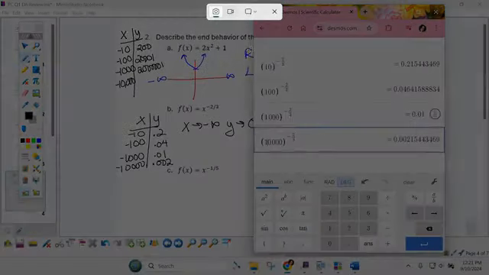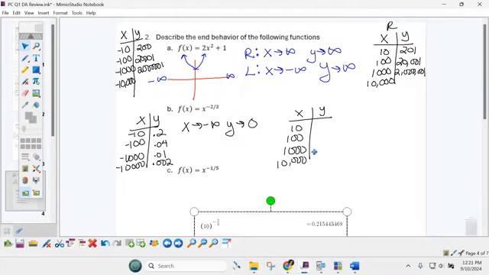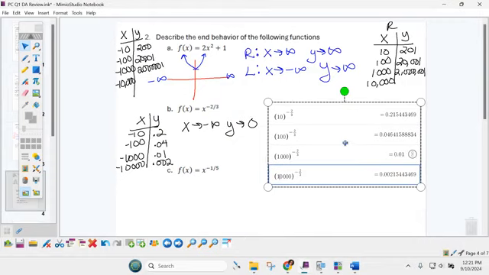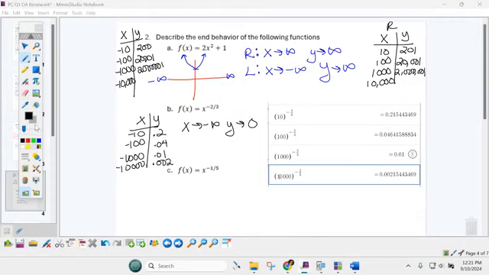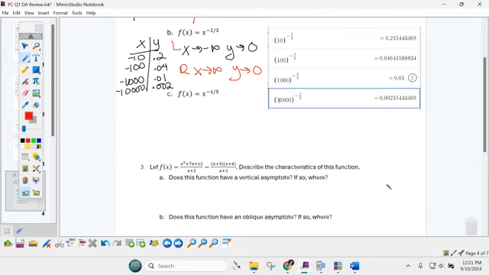Let me make it small. So even with positive for the right end behavior, this was left. Now for the right, x goes to infinity. Y is still approaching 0 because these are getting really, really small decimals.